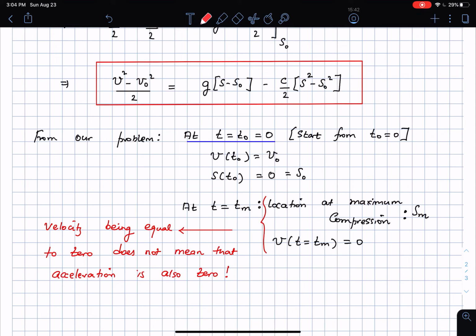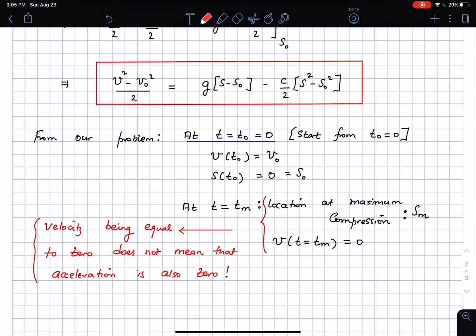That's something to keep in mind. And this is a very simple example: you take a ball and you throw it up in the air. At the point at which the ball is going to return back, what's its velocity? Its velocity is 0. What is its acceleration? It is always subjected to acceleration due to gravity, which acts vertically downward. So at the maximum position for the ball, the velocity is 0, but the acceleration is not 0.